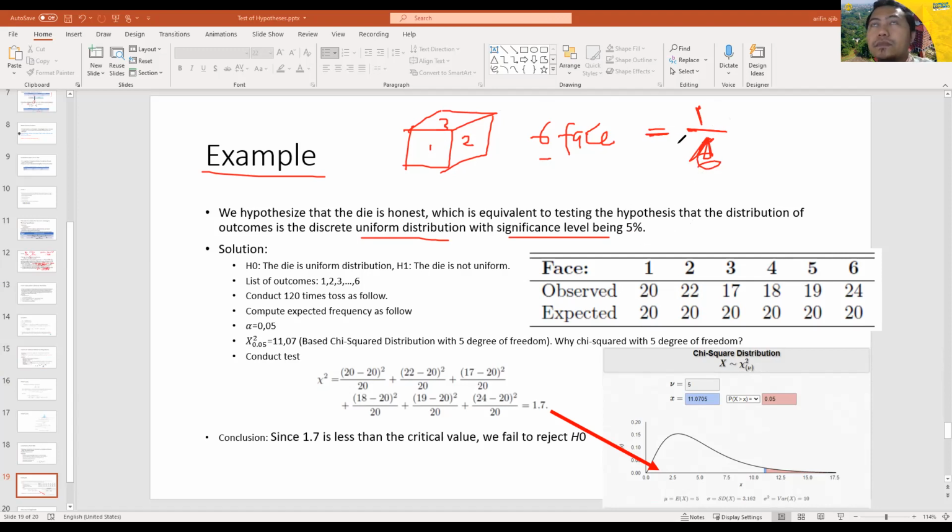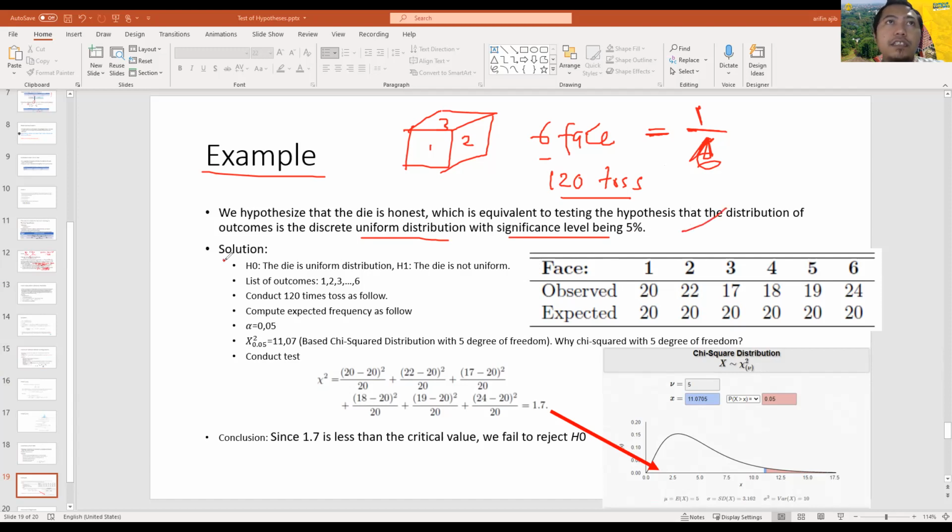And then we conduct an observation, let's say by tossing 100 times, and that's the case.